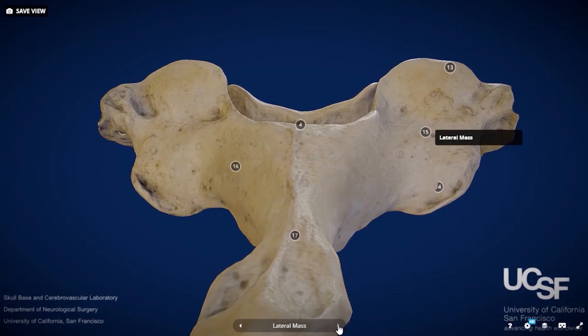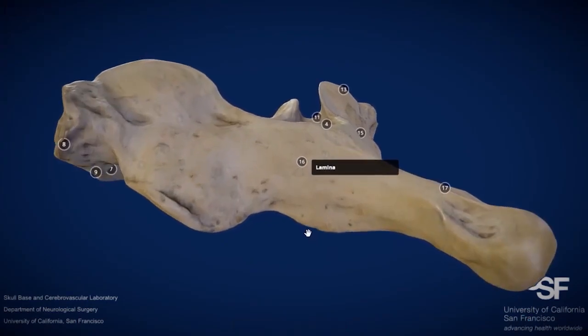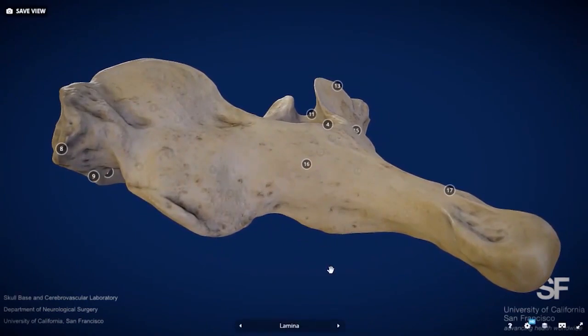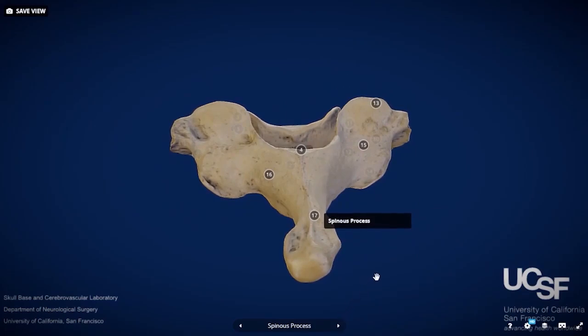But moving posteriorly, we see that the lamina tends to go shorter, and that's also one of the things that we're going to see in the inferior levels that are going to be part of the thoracic region, as well as this prominent spinous process.